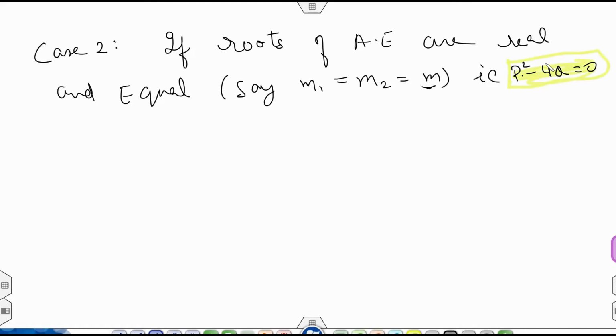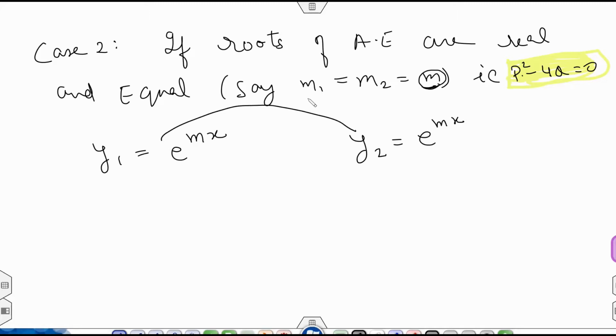So we are now in a position to discuss this case. You can easily observe that you are getting one solution, that is y1 is equal to e to the power mx. But if you write y2 equal to e to the power mx as a second solution, it will not give you the general solution because these two are linearly dependent. You will find the second solution if you have already studied how, if one solution is known, you can find the other solution which is linearly independent.